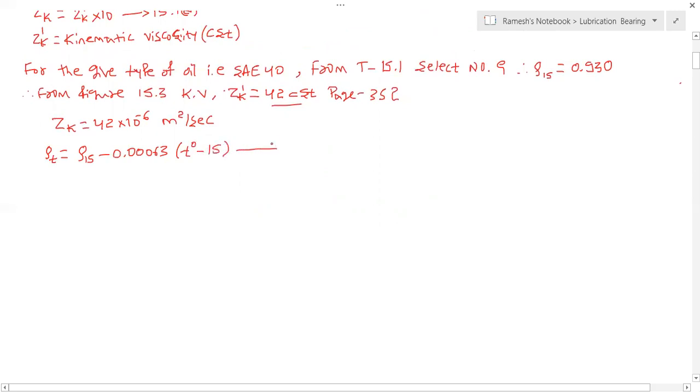This is equation 15.1f in the data handbook, on the same page.